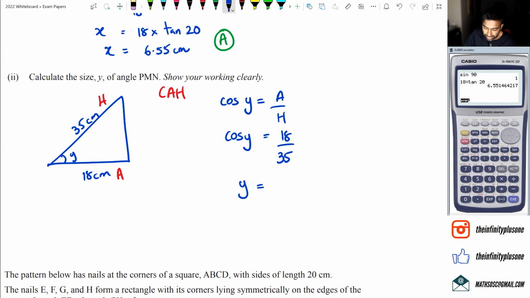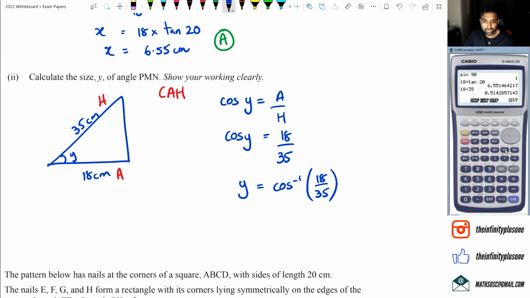Then y is equal to inverse cos of 18 over 35. Now notice how I don't calculate 18 over 35 straight away and then work with this long decimal, because if I do 18 over 35, it's a never-ending recurring decimal. That's why I left it in the fraction, so it's a lot more accurate.